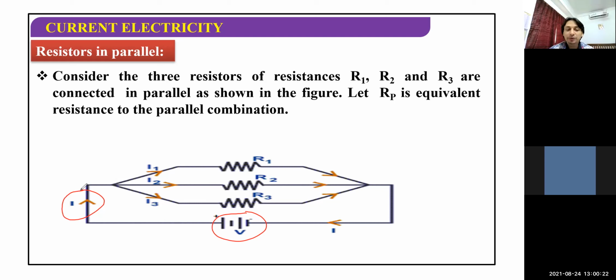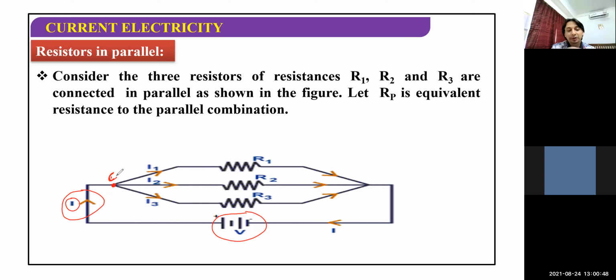But if you see, suppose that is the current produced by the battery, and when this current reaches this point here, suppose this is point C. When the current reaches point C, or the junction at C, what happens with the current, children?